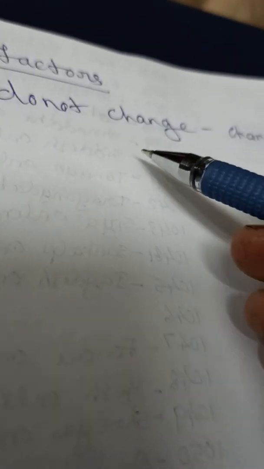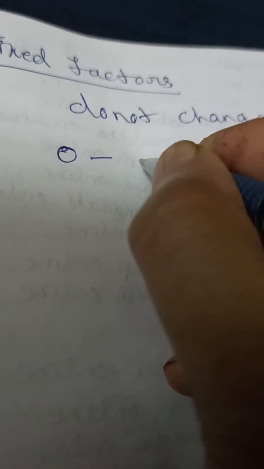For example, machinery, land, building, that will remain same whatever may be the level of production. When the production is zero, these factors will be there. That is what we are using, the same quantity.